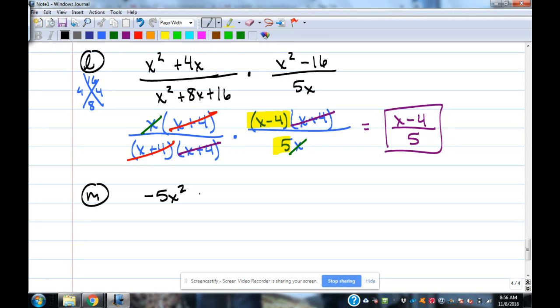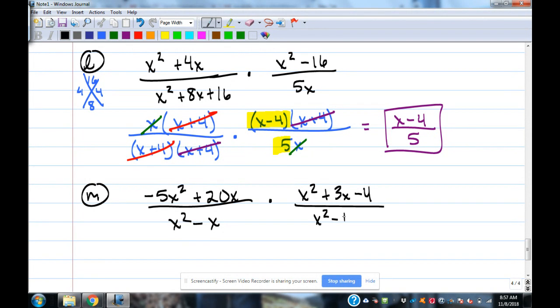Negative 5x squared plus 20x over x squared minus x times x squared plus 3x minus 4 over x squared minus 16.